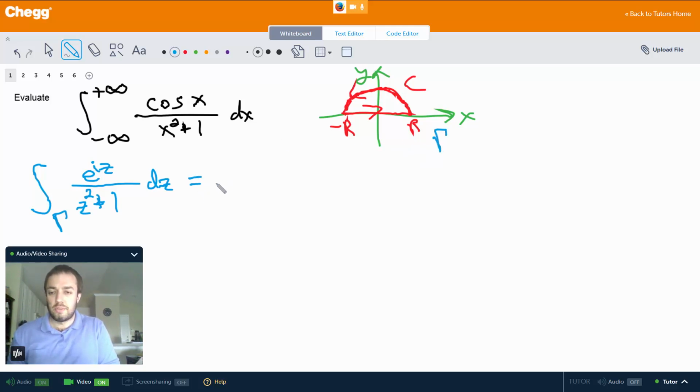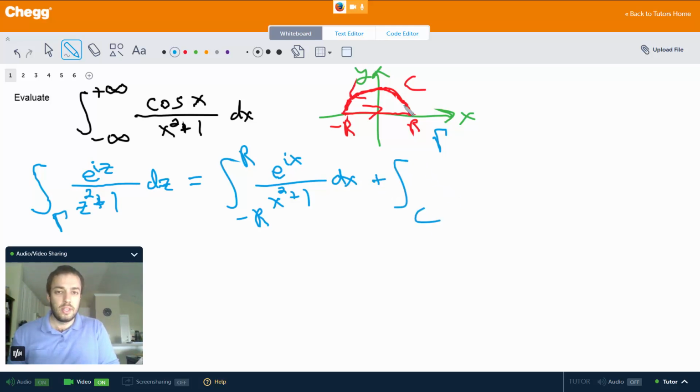The integral of this function over gamma is going to be the integral from minus R to R, and as we go from minus R to R, we're on the real axis. In the complex plane, the x-axis is the real axis, so we can say e to the ix over x squared plus 1 dx, plus the integral over C, the arc part, of e to the iz over z squared plus 1 dz.